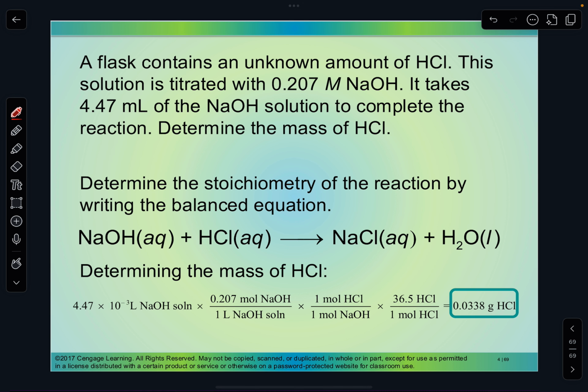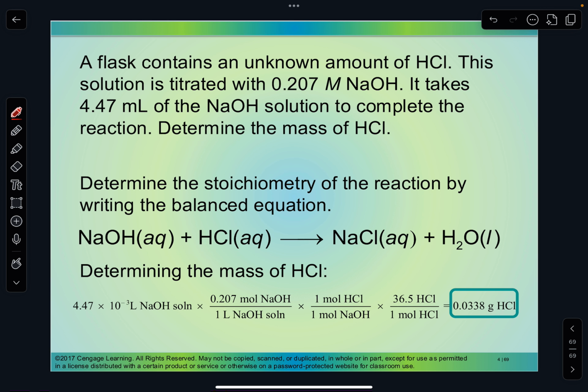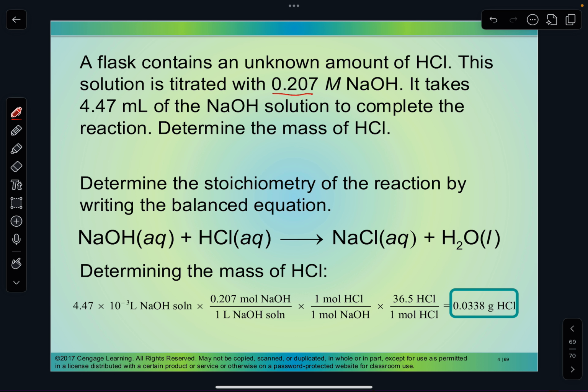Okay, this is the last question, so let's go through exactly how we would do a volumetric analysis. If we have a flask, like we did right here, containing an unknown amount of hydrochloric acid, we can titrate it. Titration is this process right here: adding one fluid to another until the color changes.